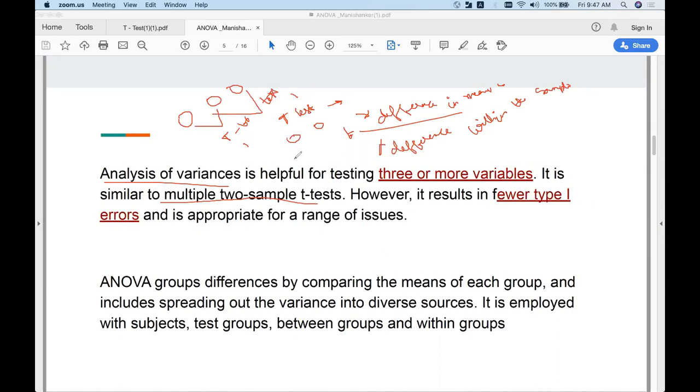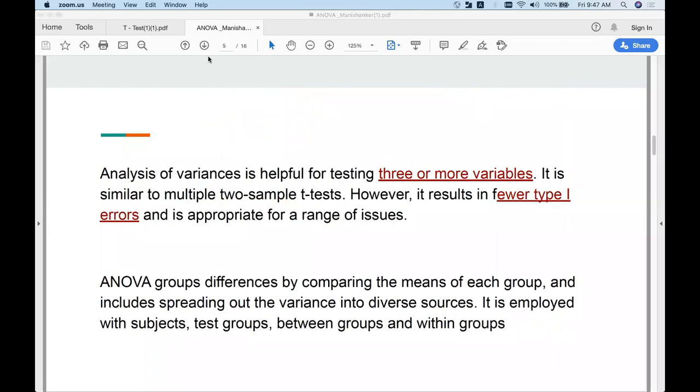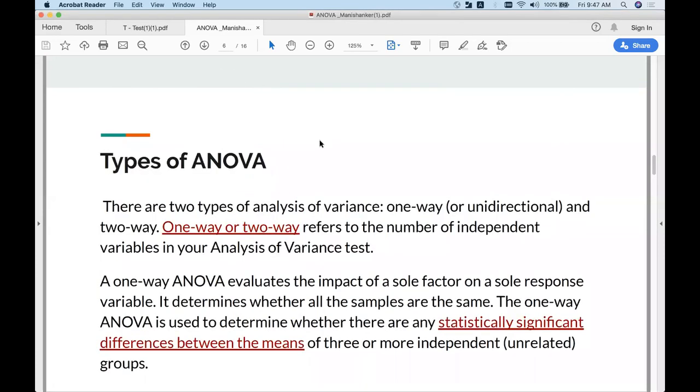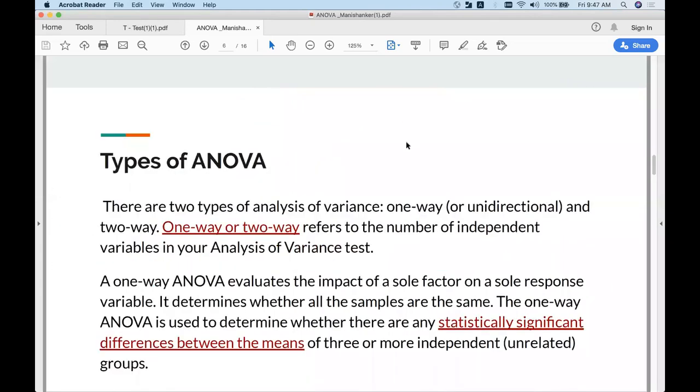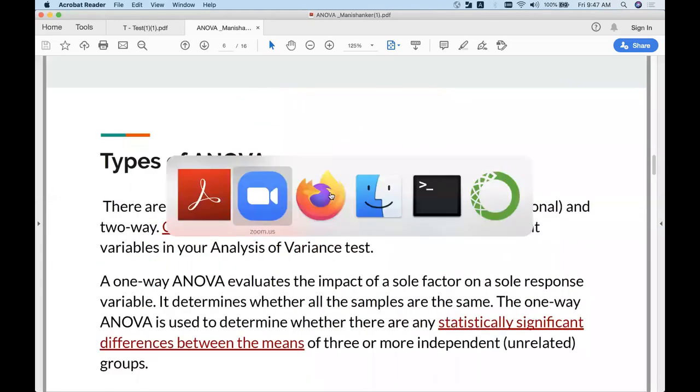That sort of structure, right? So it is employed within subjects, test groups, between groups and within groups. So we'll have more parameters here. I think I need to use one more slide for this. But anyhow, just give me 1 second, guys.